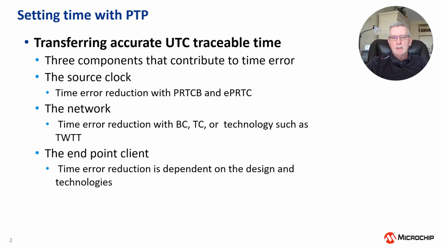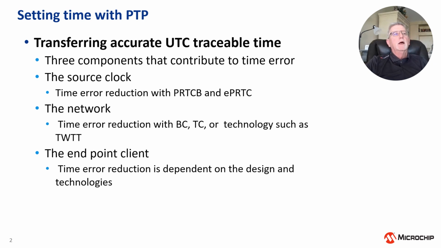So the source clock does contribute some level of time error. The less the better, so we can allocate more time error to the network itself. In the network, time error reduction can be accomplished using many different types of technologies. There's boundary clock technology, which is associated with what we call on-path support.